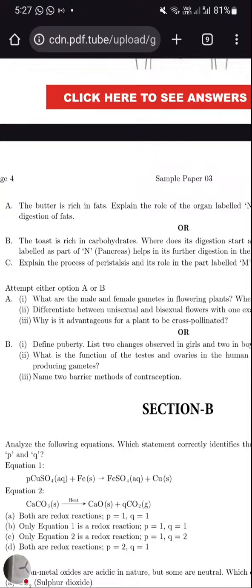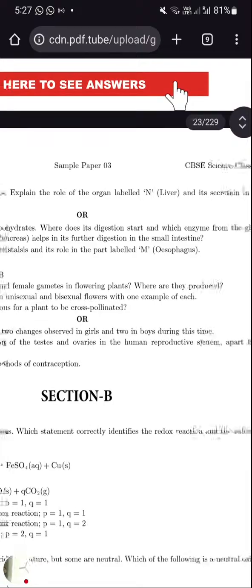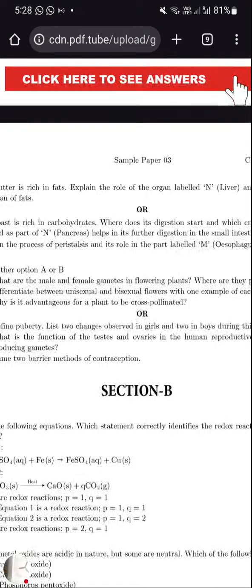Pollen grain and ovum. What is the male gamete? Pollen grain and ovum. Next, where are they produced? Pollen grains are produced in?